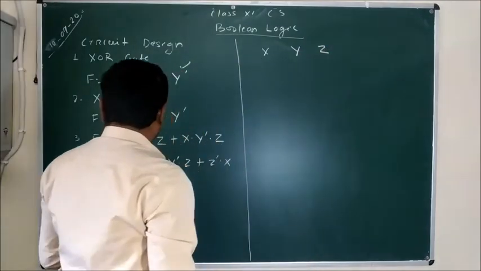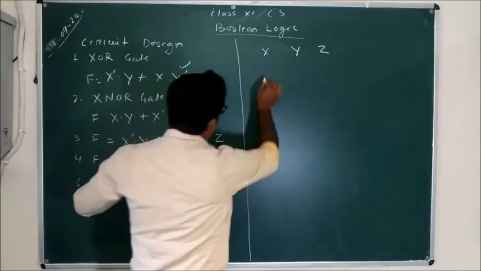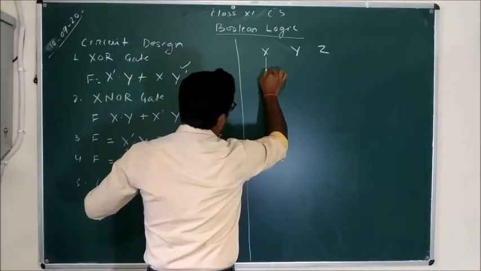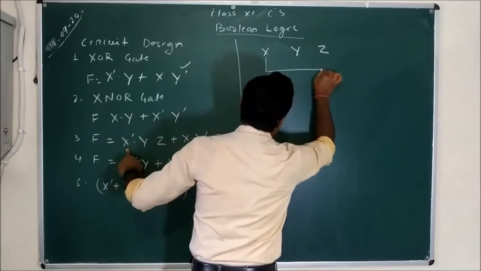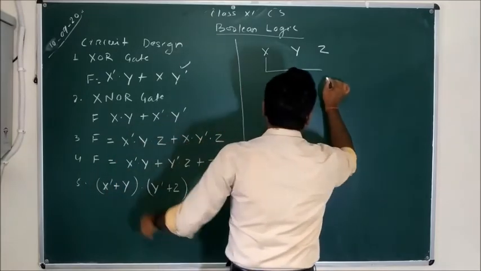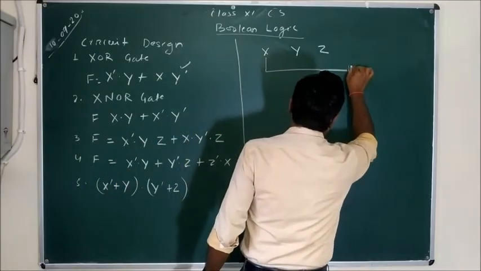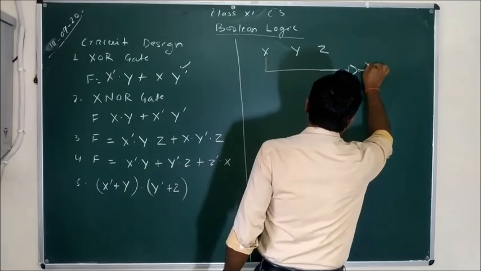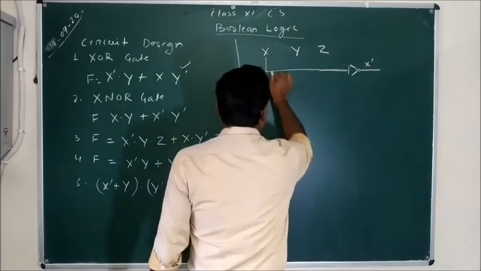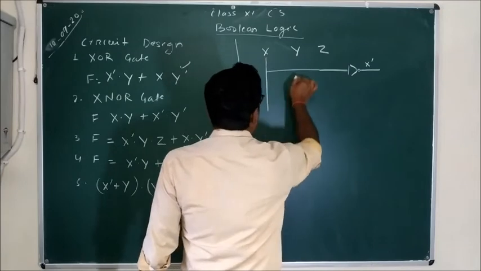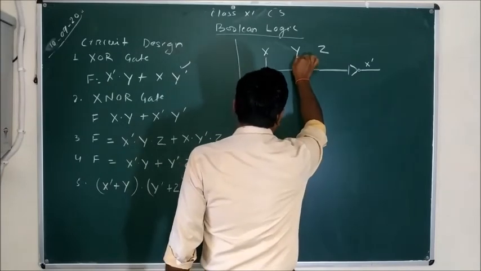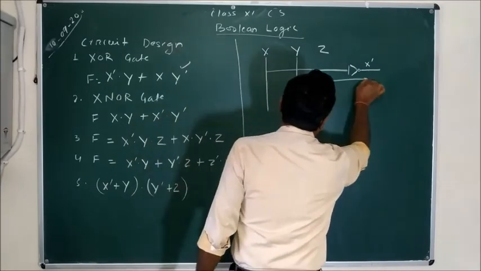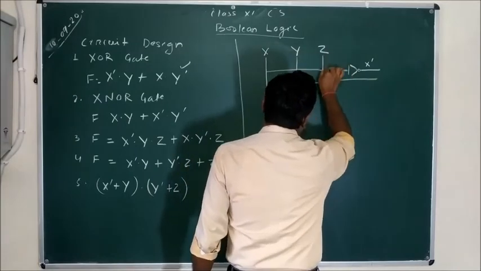So let's have the first thing, that is x dash. So I have to pass it through NOT gate. Here I am getting x dash. Then y is directly without having NOT gate.